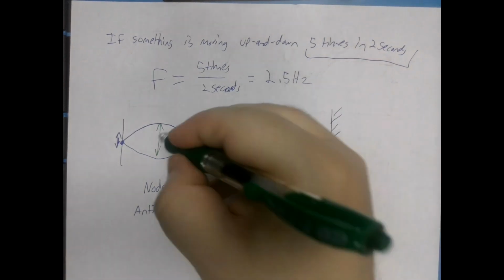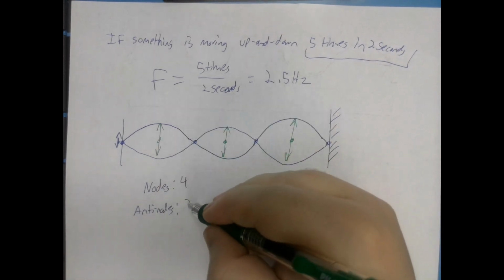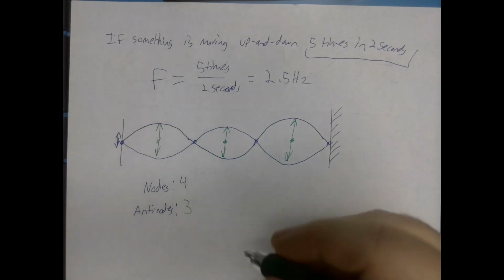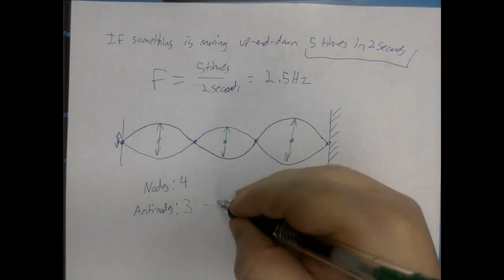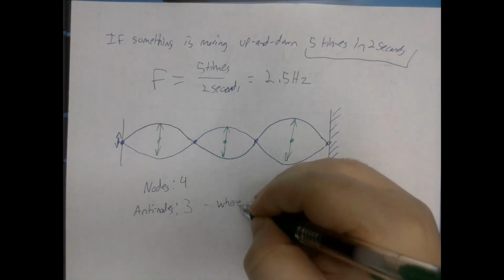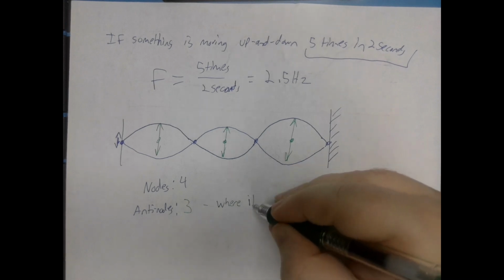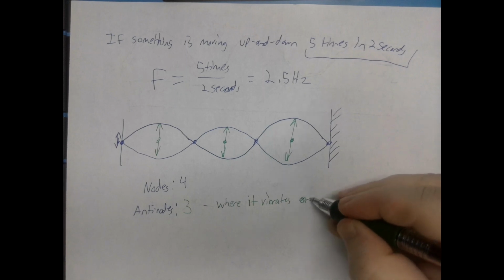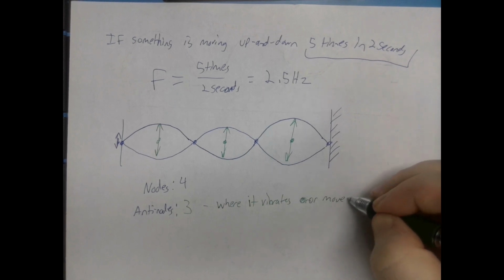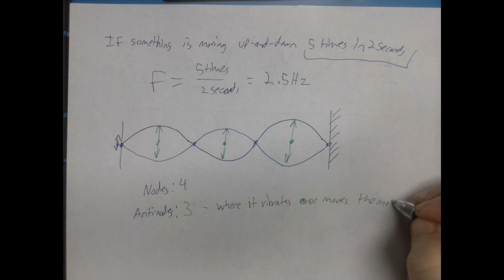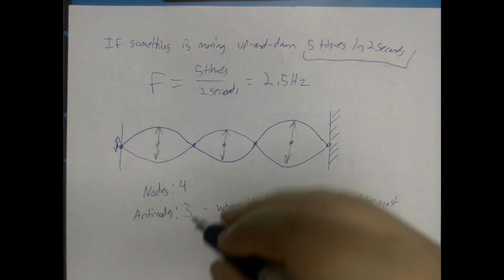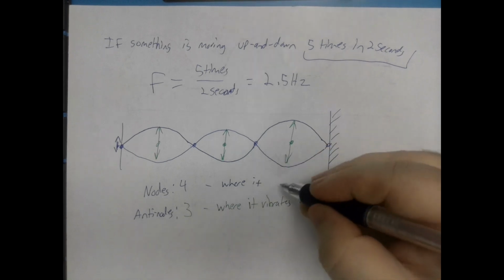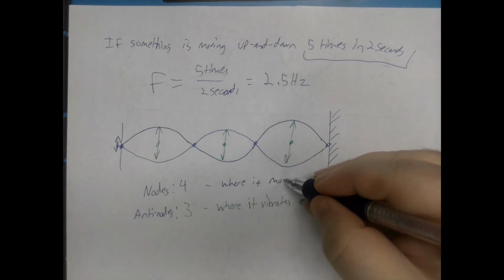So this would be the antinodes, 3. Again, an antinode is where it vibrates or moves the most. And a node is where it appears to move the least.